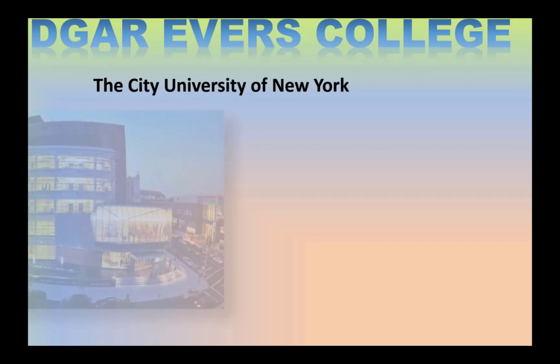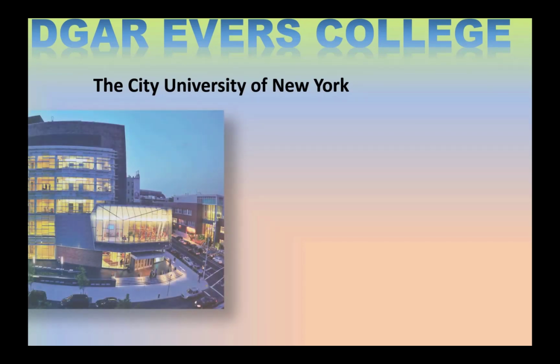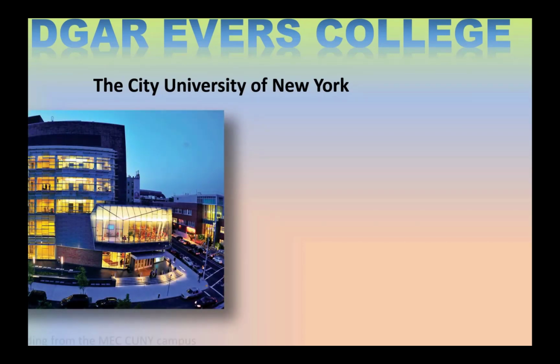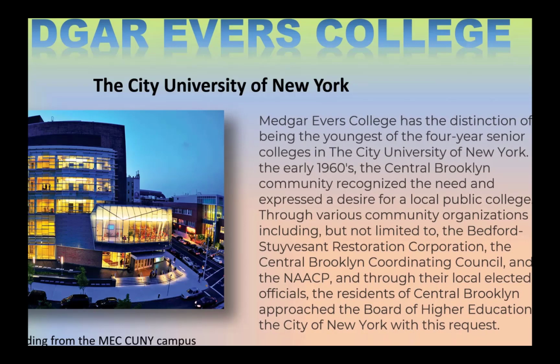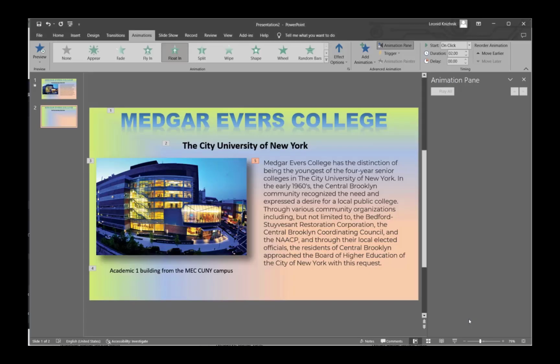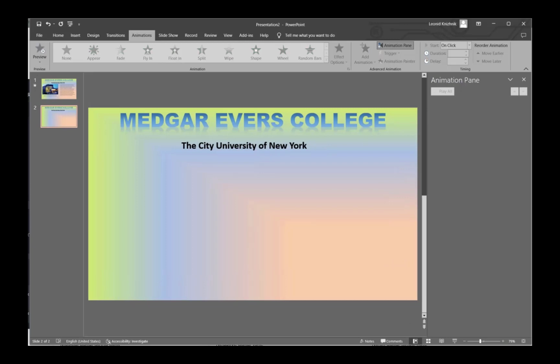When I click first, you'll see Medgar Evers College with applause. Then next piece without sound, the City University of New York. Next piece, appearance of the picture. Next piece, appearance of the title. And next piece, appearance of the text. So F5 and I'll go back to my design tool.